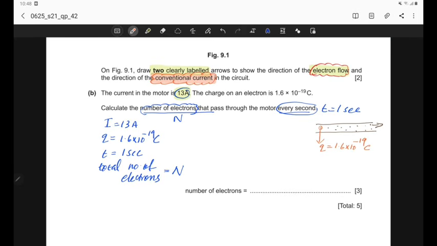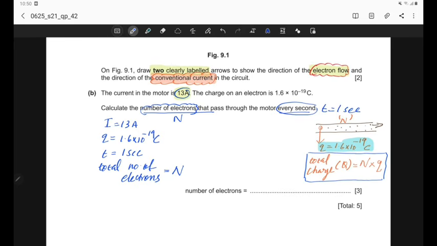If there are N electrons, what will be the total charge flowing? The total charge of all the electrons, which we can represent with capital Q, will be the total number of electrons times the charge of a single electron. So this is the equation to calculate the total charge flowing in 1 second.